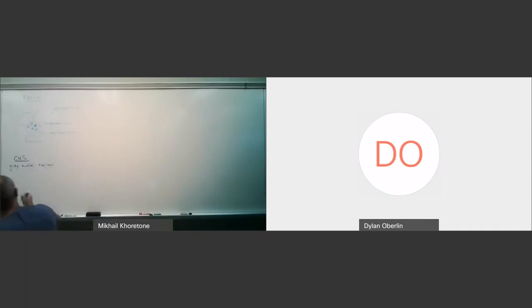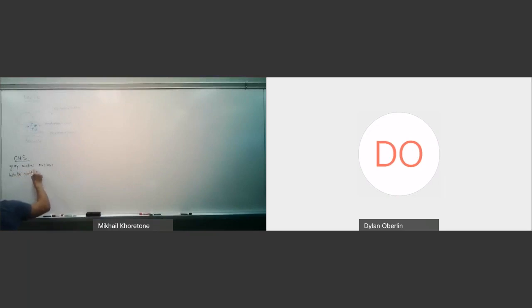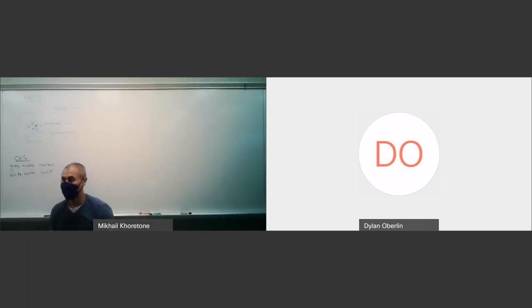White matter in the CNS is called a tract. We use the word pathway for the spinal cord, but you will see a lot of descending tracts, ascending tracts, corticospinal tract, spinothalamic tract. Does that make sense to you?